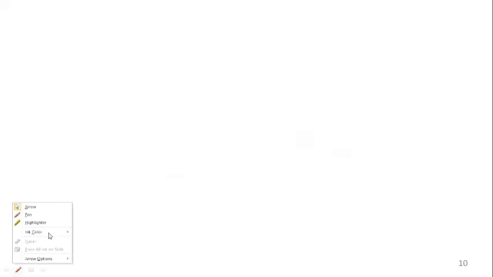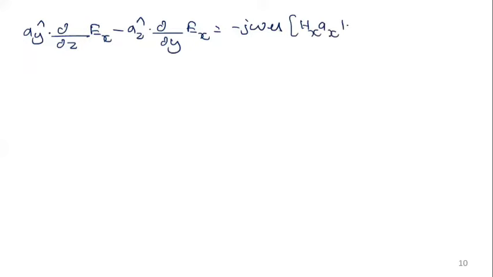So what does that mean? We can write it like Ay dou by dou z of Ex minus Az into dou by dou y of Ex is equal to minus j omega mu into Hx Ax plus Hy Ay plus Hz Az, and H we are substituting.